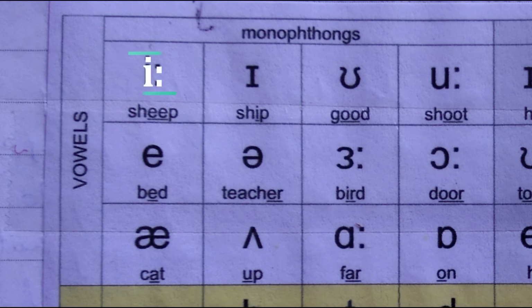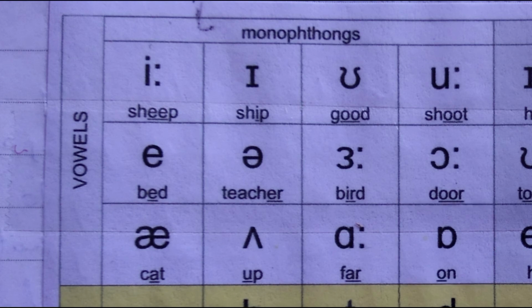The E in sheep, the U in shoot, the vowel in bird, the O in door, and the R in far. Okay, so these are long vowel sounds, whereas those that don't have the length mark are short vowel sounds, like the I in ship, U in good, E in bed, the vowel in teacher, A in cat, the vowel in up, and O in on.